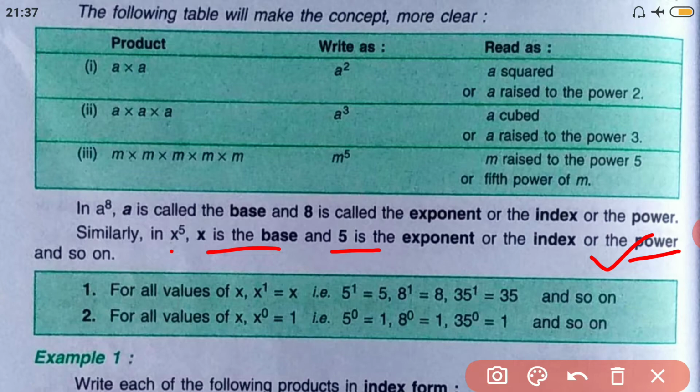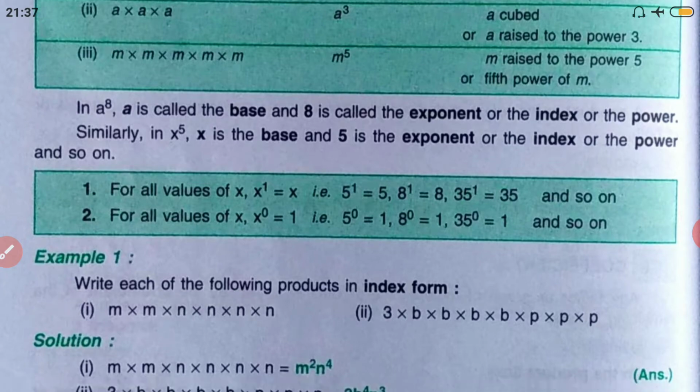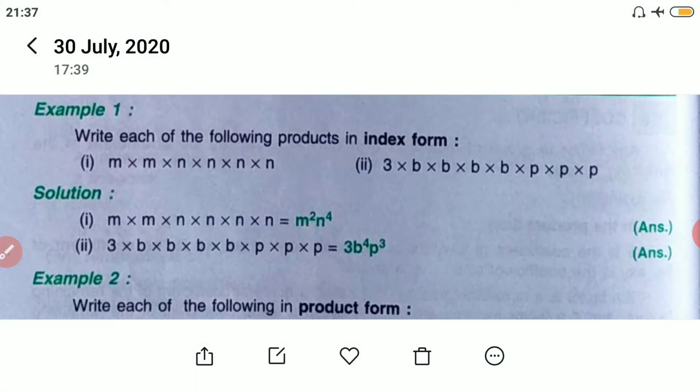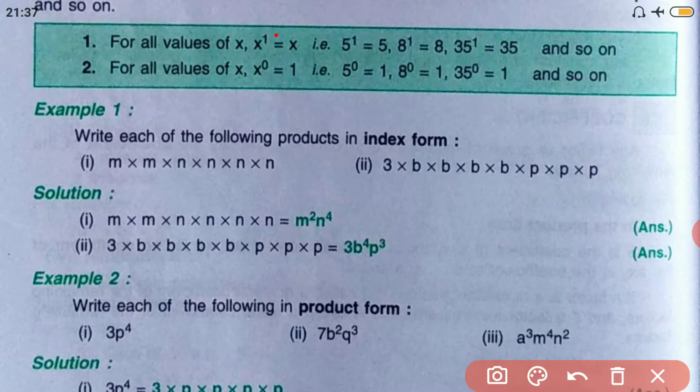Now for all values of x, for any value of x, it can be a decimal number, it can be any number, if it has power 1, then that will be equal to x only. For example, if 5 has power 1, if I solve it, I should get 5. If 8 has power 1, it will be 8 only. If 35 has power 1, it will be 35 only.